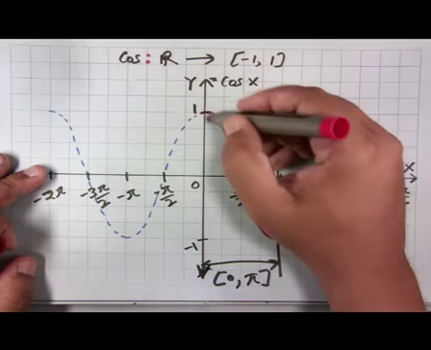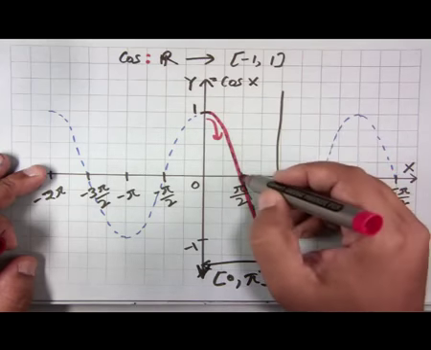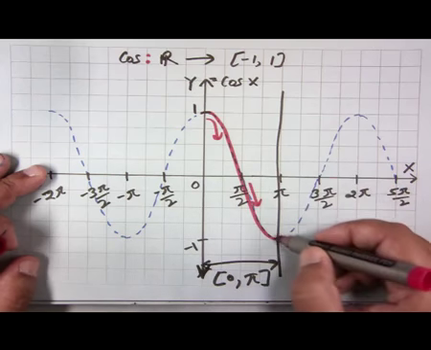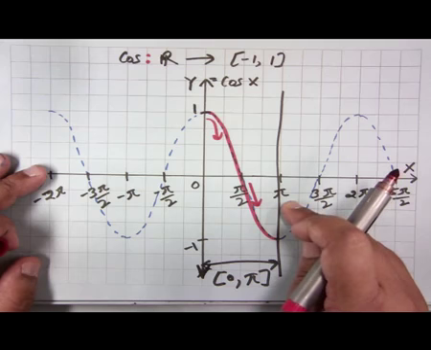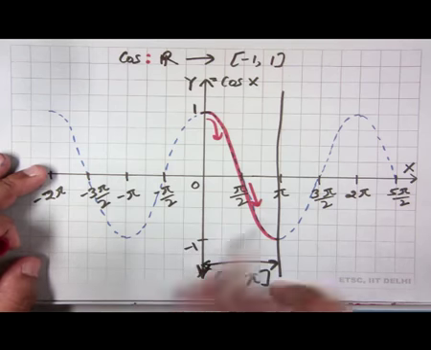So, we can start from 1 here, and as we go along the curve we reach a value of 0 at pi by 2, and then further down we go all the way to minus 1 when x equals pi. So, even by restricting the domain of the cos function to 0 to pi, the entire range is still the same.